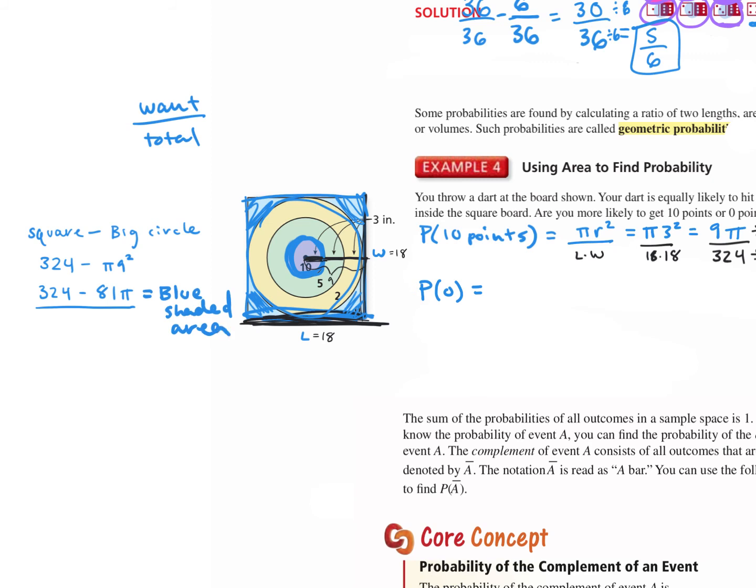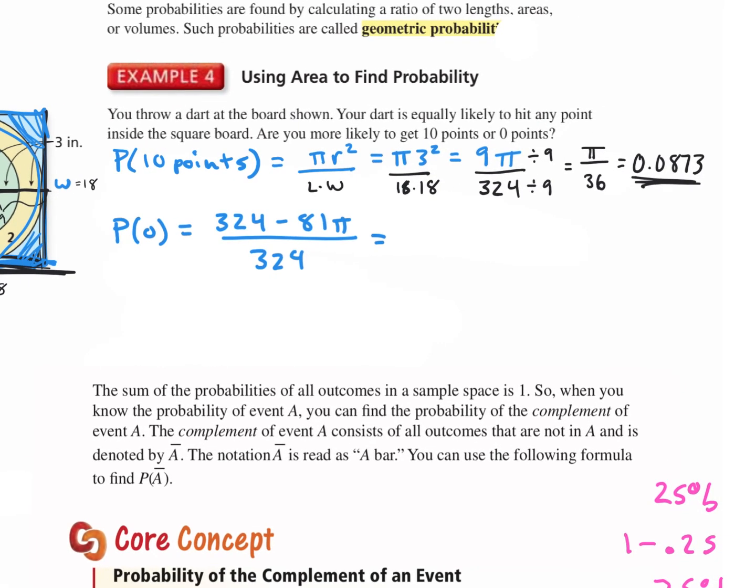What's the probability of the whole thing? Remember, it's what we want divided by the total. So what's our total area? 324. So we have 324 minus 81 pi divided by 324. 81 goes into all of these, so we could simplify a bit.